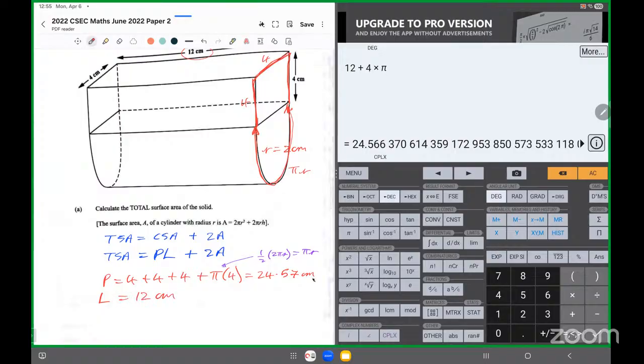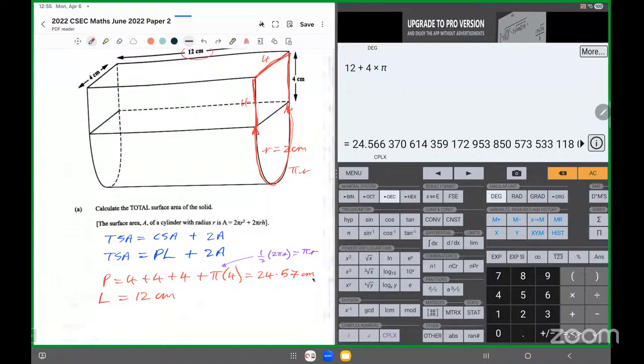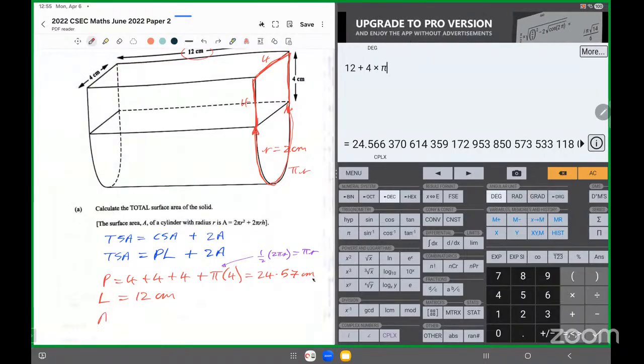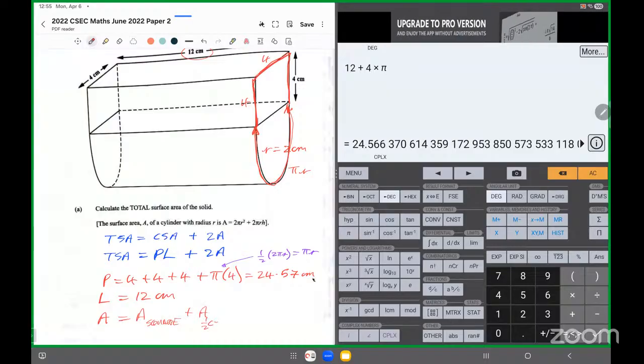Then we need the end area, the A in that formula. The end area becomes the area of the square plus the area of the semicircle, the half circle.